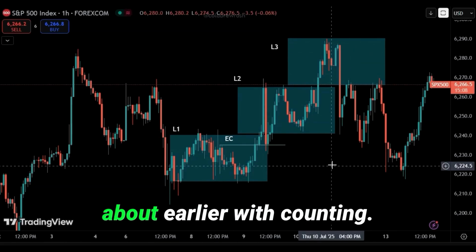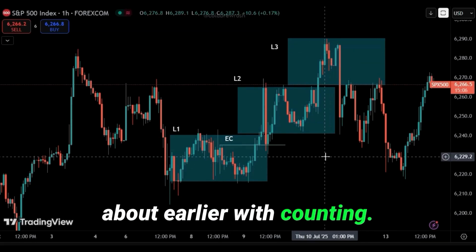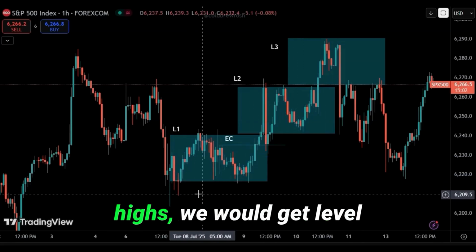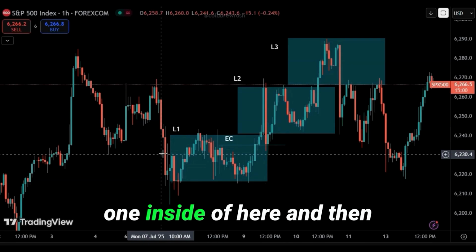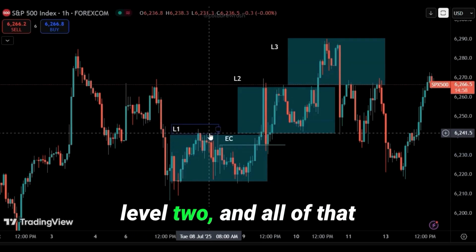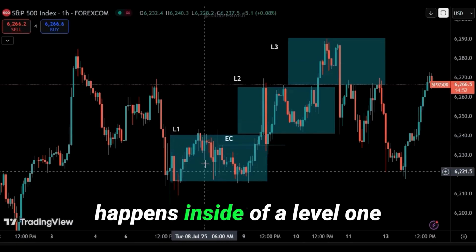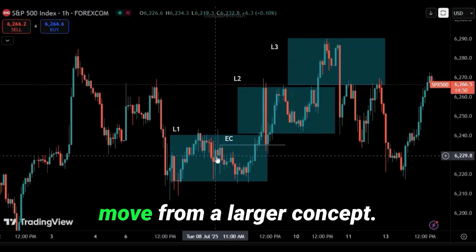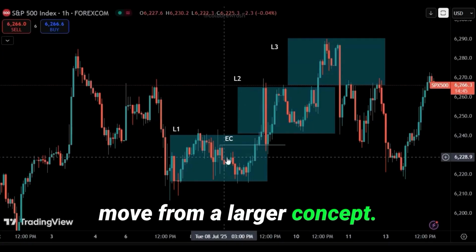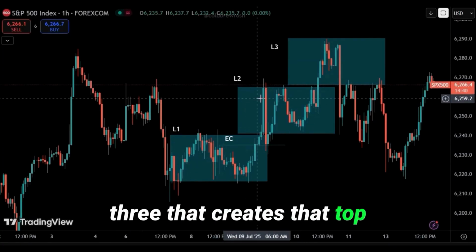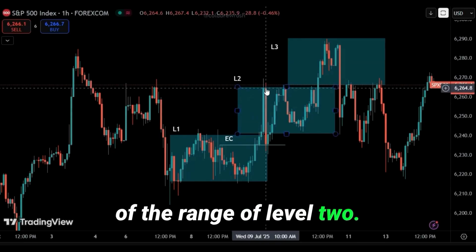Like I was talking about earlier with counting these swing highs, if we counted the swing highs, we would get level 1 inside of here and then level 2. All of that happens inside of a level 1 move from a larger concept. Then you have level 3 that creates the top of the range of level 2.